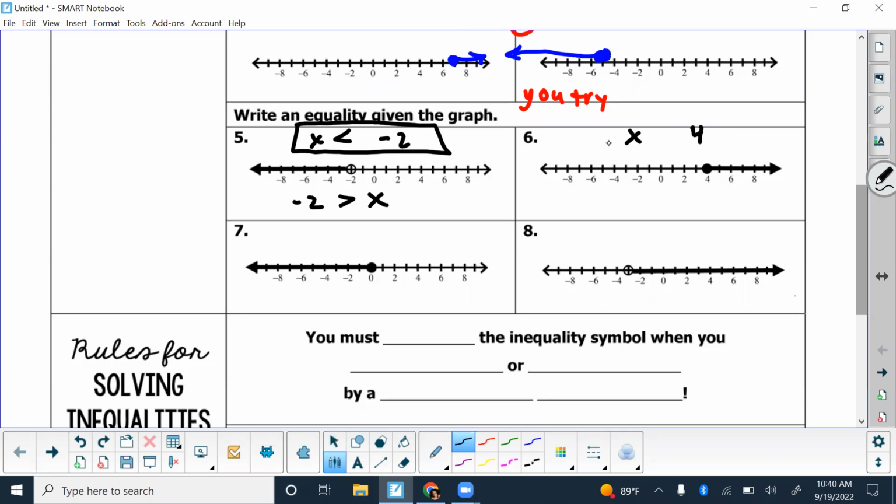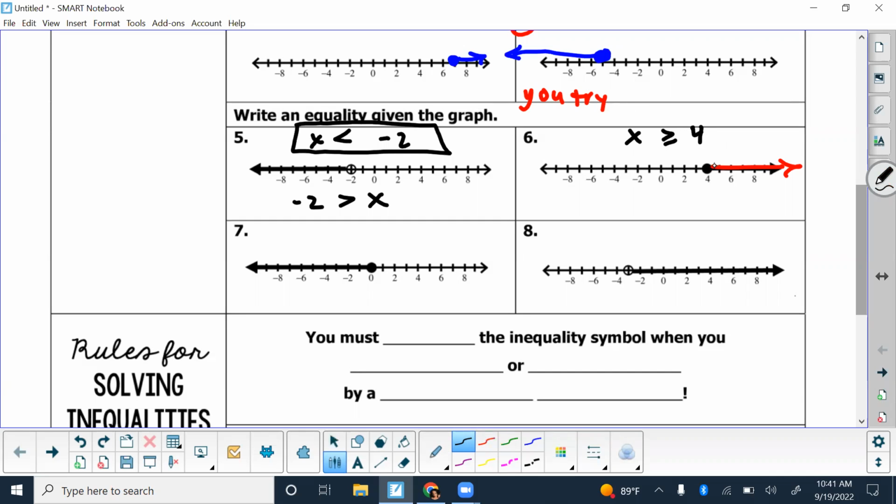Is X greater or less than 4? Greater. And the way that you know is where the arrow is pointing. Is 6 greater than 4? If you tried 6 less than 4, that doesn't make sense. Flip the symbol. And then do I need to add anything else to this?